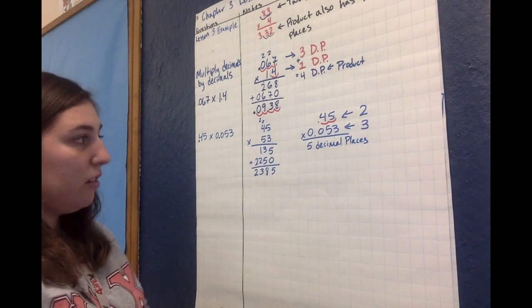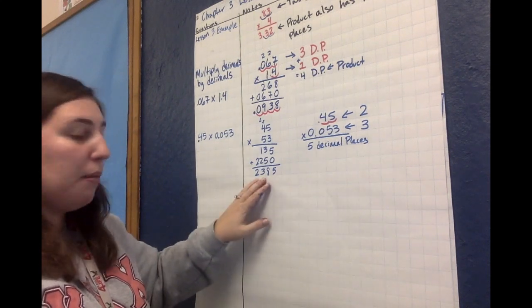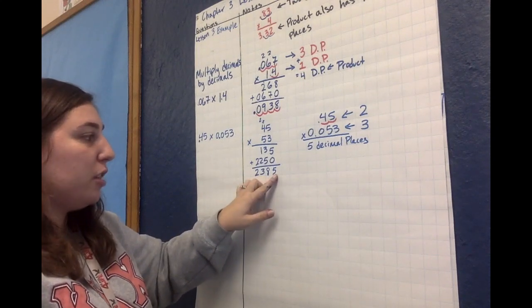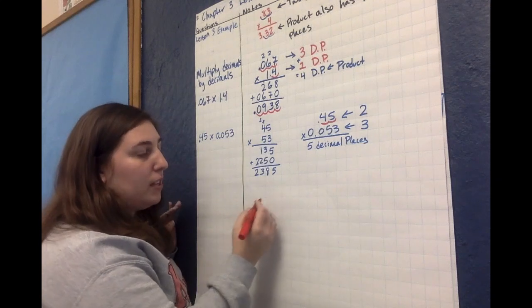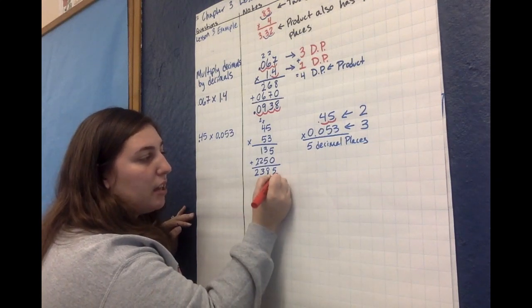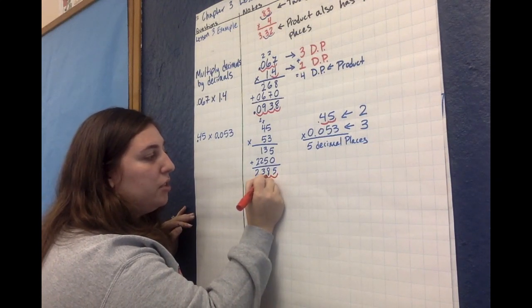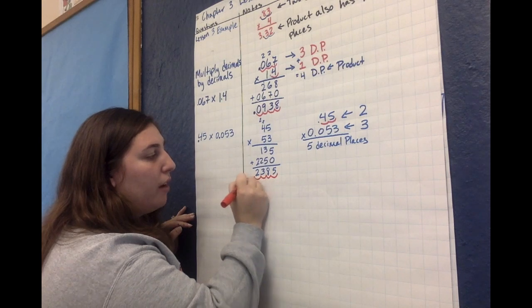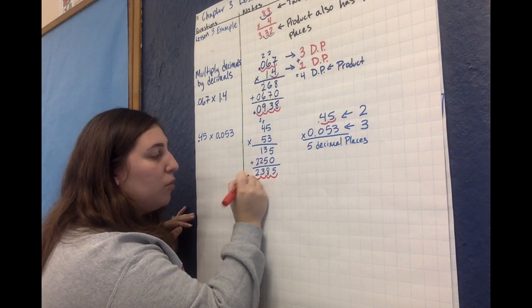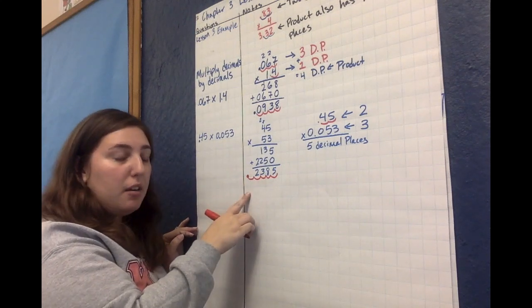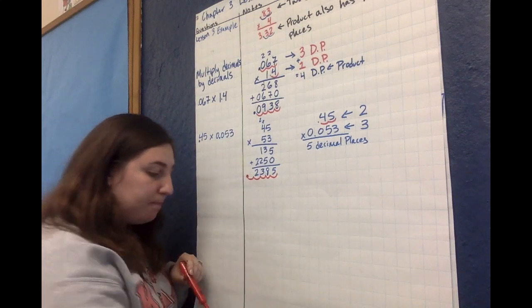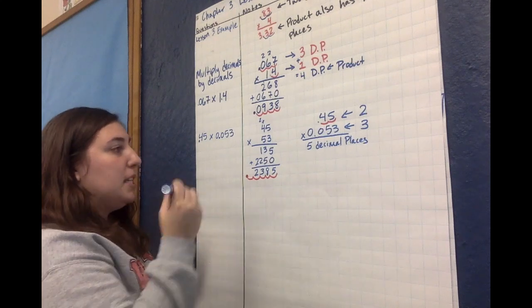So since my answer is going to have 5 decimal places, I'm going to come back here and make sure that I place my decimal after the 5th decimal place. So let's see. Let's start counting here. So 1, 2, 3, 4, 5. So that's where I'm going to place my decimal. And it looks like I have an empty spot here. And this empty spot is from this 0.